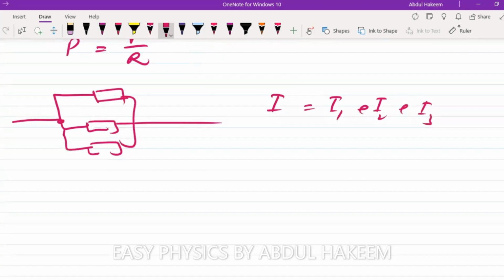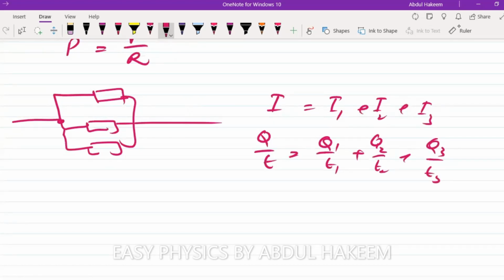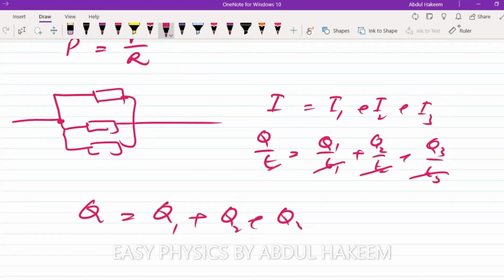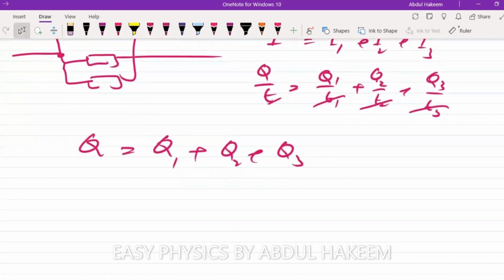And I is equal to Q by T. So Q divided by T is Q1 divided by T1 plus Q2 divided by T2 plus Q3 divided by T3. But there is no delay between the current entering and leaving the junction, so all the T's cancel. So Q is equal to Q1 plus Q2 plus Q3. This is the law of conservation of charge.